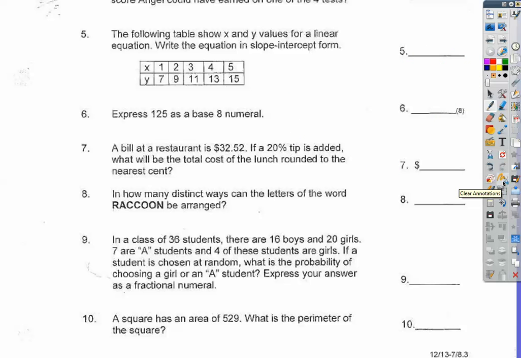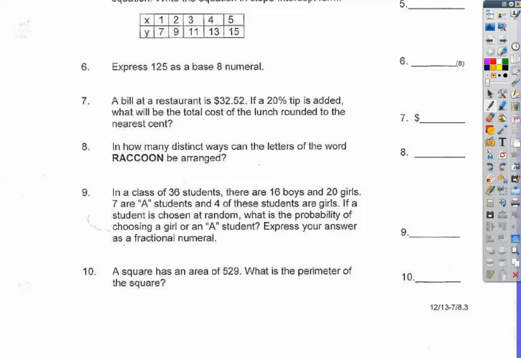In a class of 36 students, there are 16 boys and 20 girls. 7 are A students. 4 of these students are girls. If a student is chosen at random, what is the probability of choosing a girl or an A student? Express your answer as a fractional numeral. Okay, well, so the trick here is, so how many are girls? So we have 20 out of 36 are girls, right?